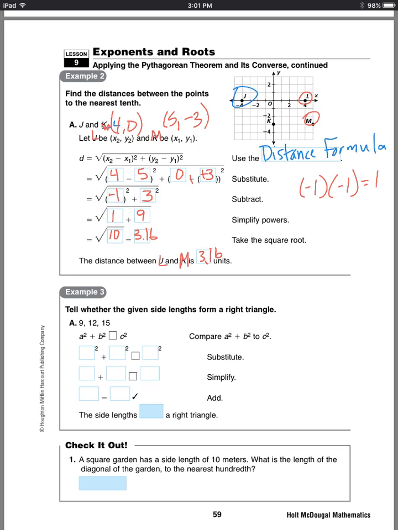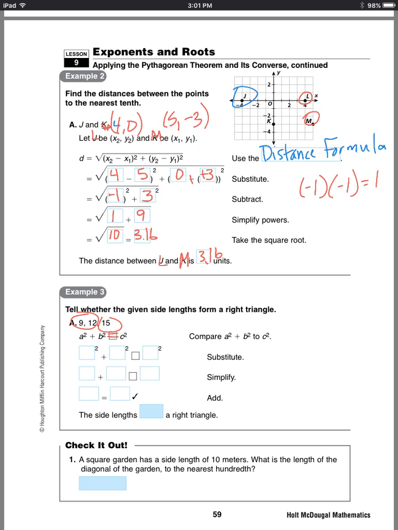So, tell whether the given side lengths form a right triangle. Okay, in order for your side lengths to form a right triangle, your two legs, the two shorter sides, when you square them, have to be equal to the longest side squared. Okay? So we have to compare a squared plus b squared to c squared, and we want these to be equal.